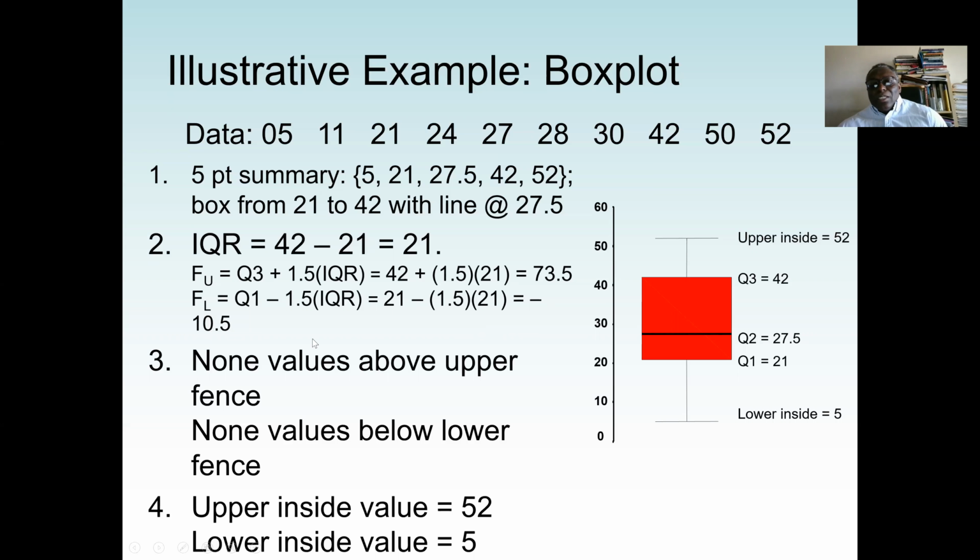So the answer is negative 10.5. And here the minimum value is 5. So we don't have any outliers in both the lower section and the upper section, because those two fences are outside the data set. So here, we say no values are above the upper fence or below the lower fence. So the upper side value is 52 and the lower side value is 5 from the data set.